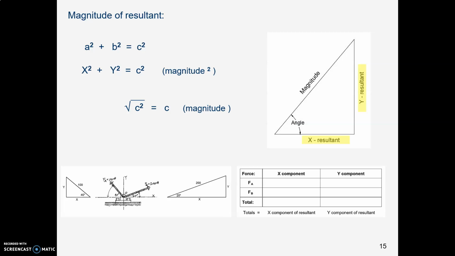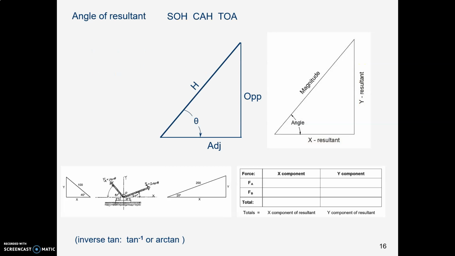Anyhow, where were we? We had just found the magnitude. Now we need to find the angle. So my favorite, as you can tell, opposite over adjacent. Who uses that? It's the tangent. Tangent of theta, I'm representing the angle with theta.